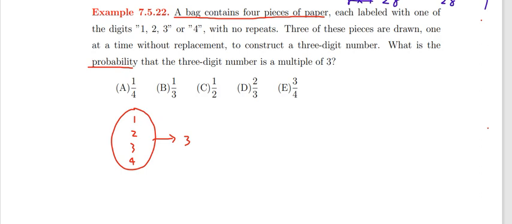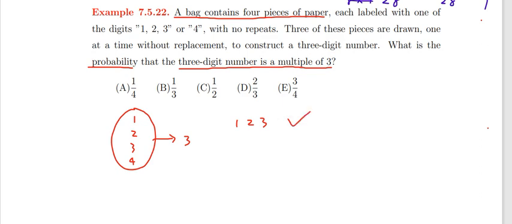Okay, so the question is, what is the probability that this 3 digit number is a multiple of 3? So if we just pick 1, 2, 3, then it's okay, right?